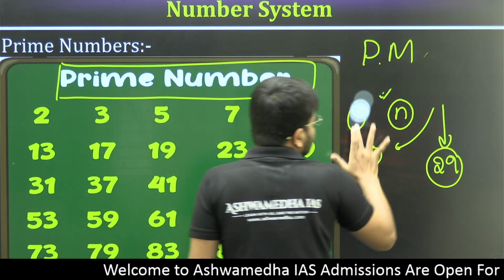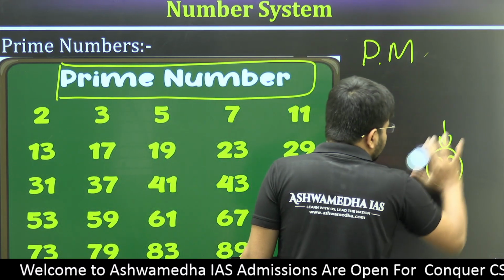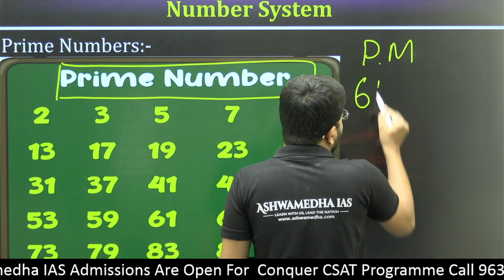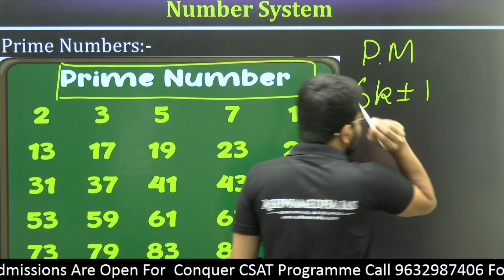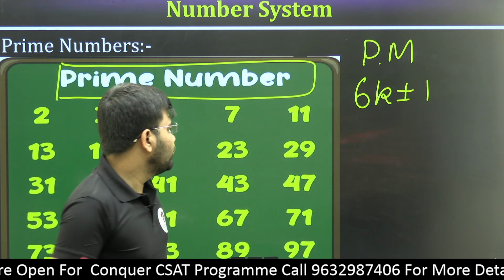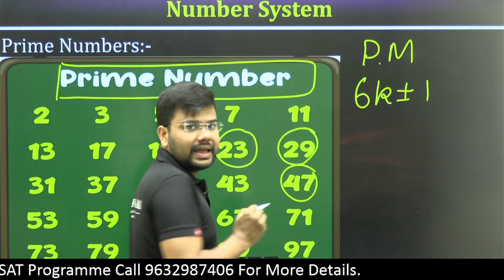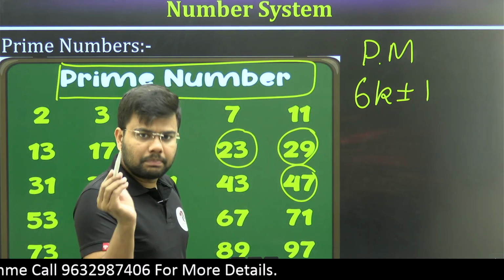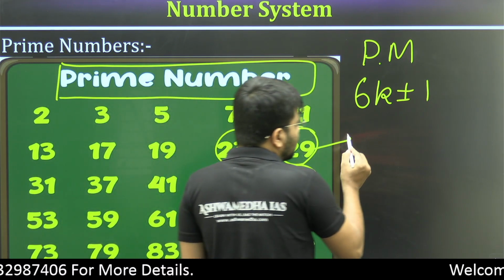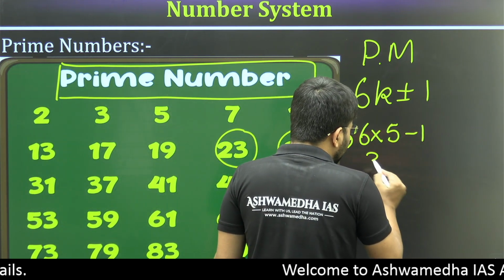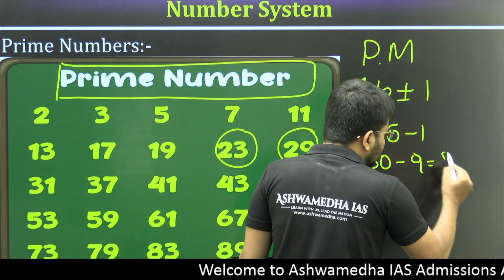That's the first point about prime numbers. Now, get your basics right. Any prime number can be expressed in the form of 6k plus or minus 1. That means if you take 29 or 47 or 23, any prime number, 29 can be expressed as 6 into 5 minus 1, that is 30 minus 1, which is equal to 29.